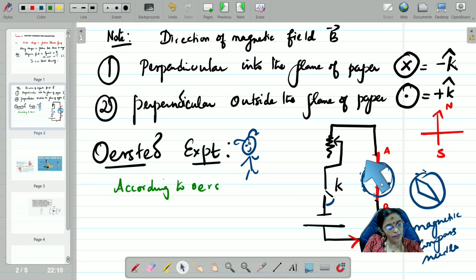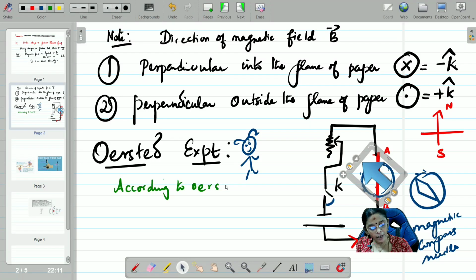The magnetic compass needle, which was dancing towards the left earlier, now started going towards the right. From this, he understood that if you reverse the polarity of the battery, the magnetic field direction is also reversed. That is why the magnetic compass needle is found to be deflecting on the other side.